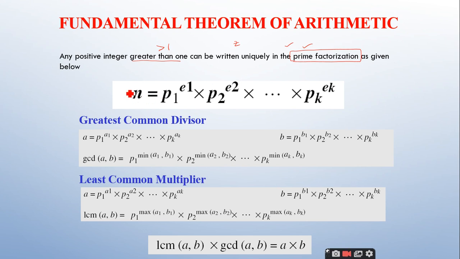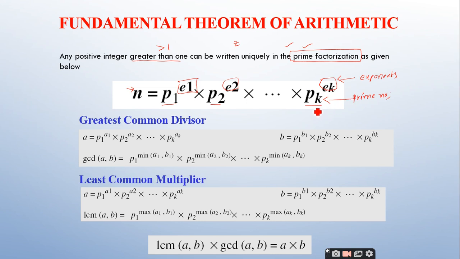Here n is a number taken from the set Z, and it is represented as the product of prime numbers. Here p1, p2, p3 and so on up to pk are the prime numbers, and e1, e2, e3 and so on up to ek are called the exponents.